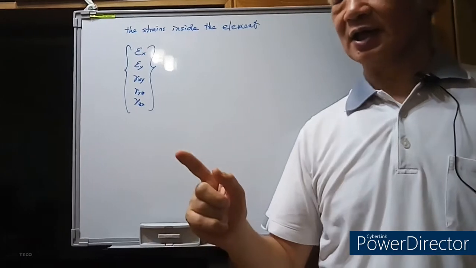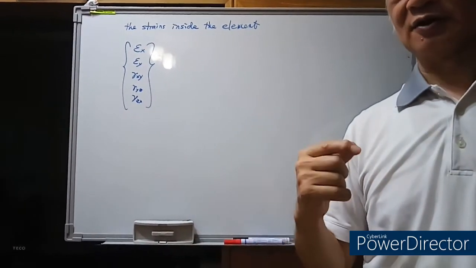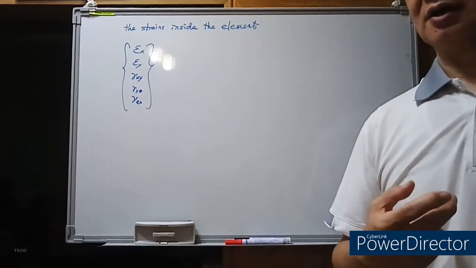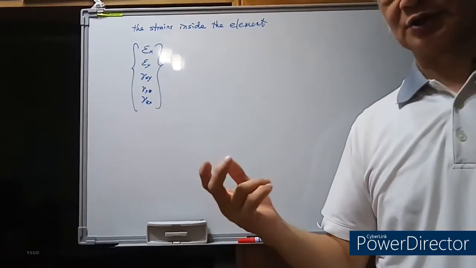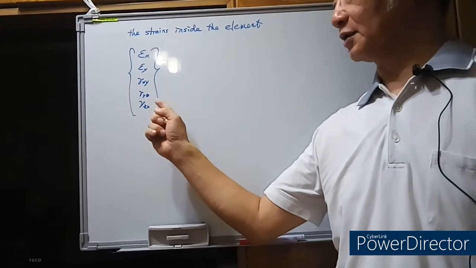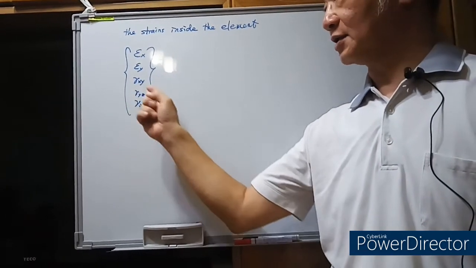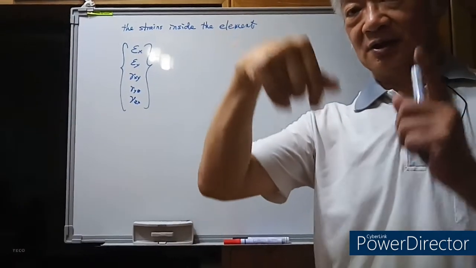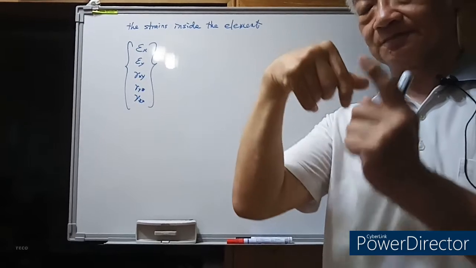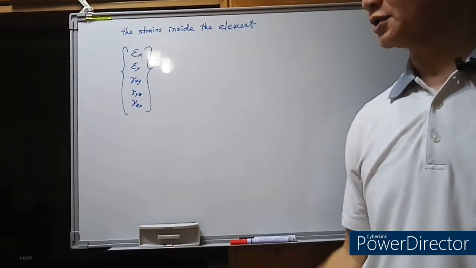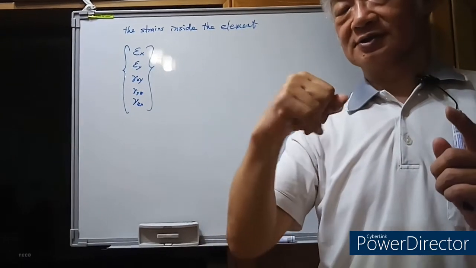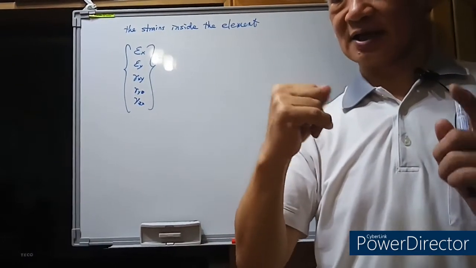Our plate element is a thick plate element. It is based on the thick plate theory. If we use the thin plate theory, then the gamma yz and the gamma zx, the shear strains along the z direction, there are 2 shear strains, gamma yz and gamma zx.